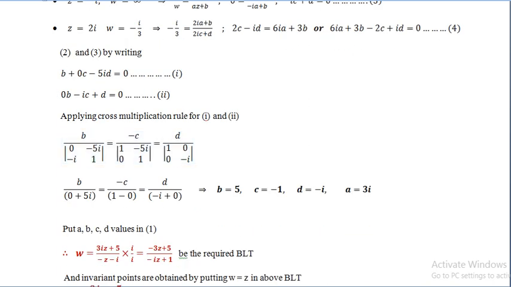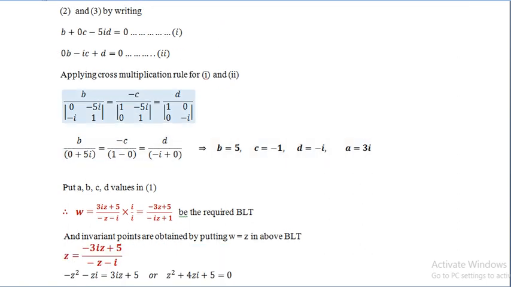So we will apply the cross multiplication rule for these two equations. So here also use plus minus plus. First one is b, use the coefficients of c and d, that is 0 minus 5i, minus i plus 1, minus c divided by, use the coefficients of b and d, 1 minus 5i, 0 minus 0 plus 1, and d, use the coefficients of b and c, 1 0, 0 minus i.